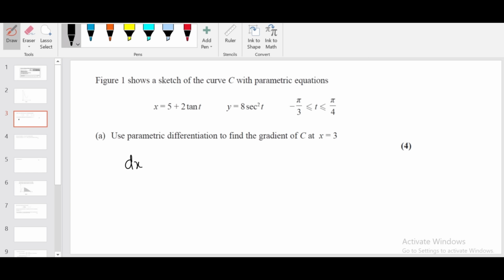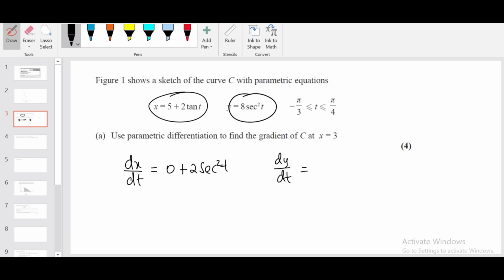So you need to differentiate them separately, dx with respect to t. When you differentiate this, 5 becomes 0, 2 tan t becomes 2 secant square t. And then when you differentiate y with respect to t, you need to apply the chain rule.